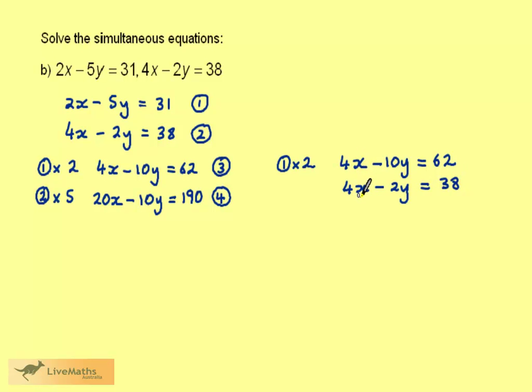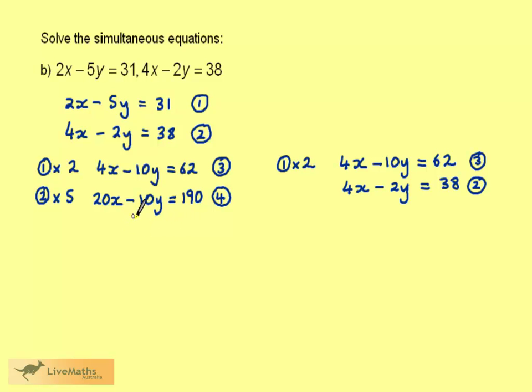Note how we have the same number of x's. Call this 3, and this one was 2. So we have an alternative. Doing this produces a pair of equations with the same number of x's. Doing this provides us with a pair of equations with the same number of y's.